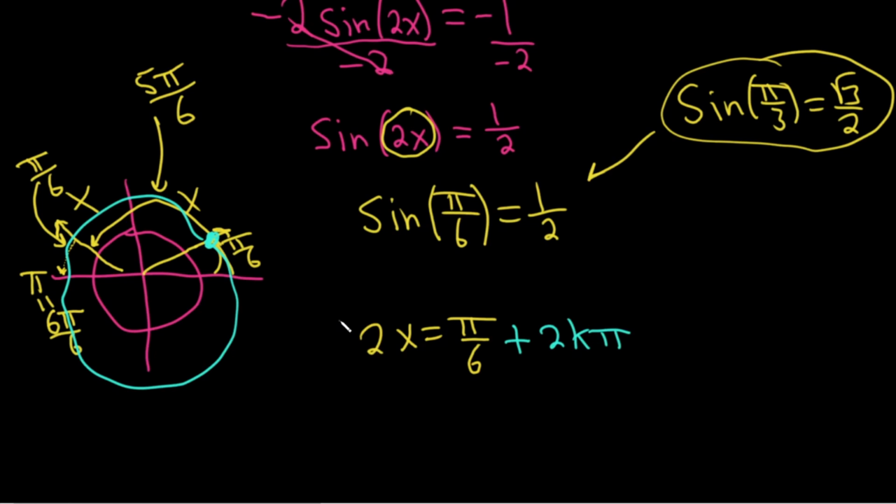It might be easier to see if you multiply by 1/2. In fact, you can just multiply each term by 1/2 because you could distribute it on the right-hand side. So you would get x equals pi over 12 plus k pi. And k here is an integer. You can write where k is an integer. I'm going to be really lazy and say k.